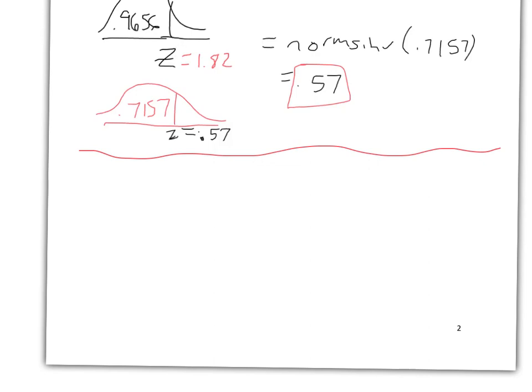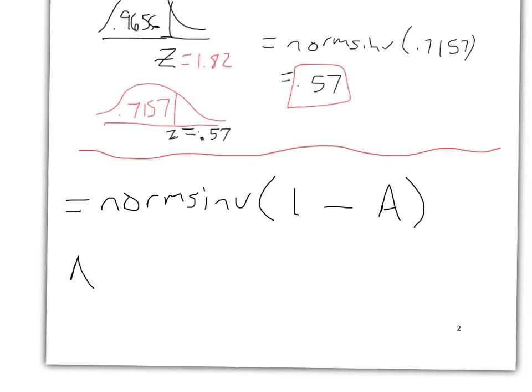So I would do equals NORM.S.INV of 1 minus whatever you see inside. Enter. So, I'll just call this one A. So for question number C, A is 0.9945, and so my answer would end up being negative 0.254.